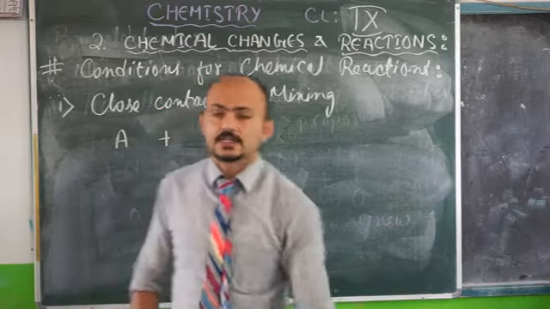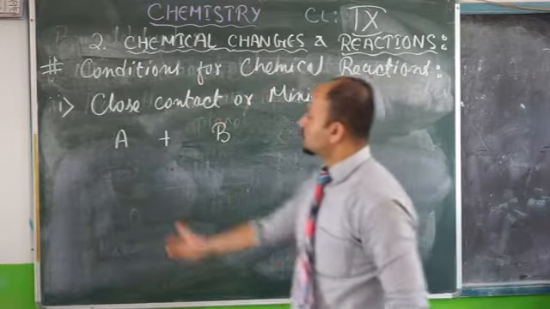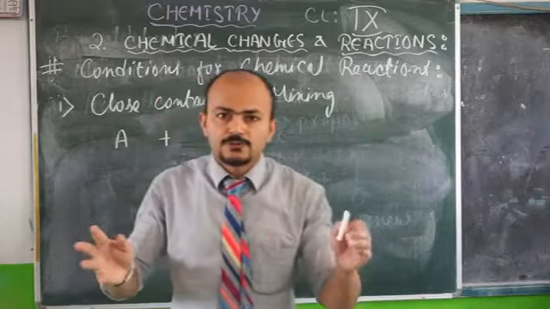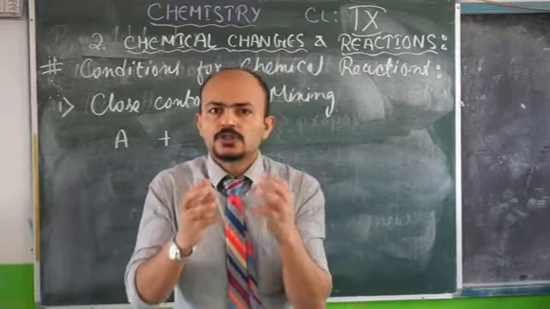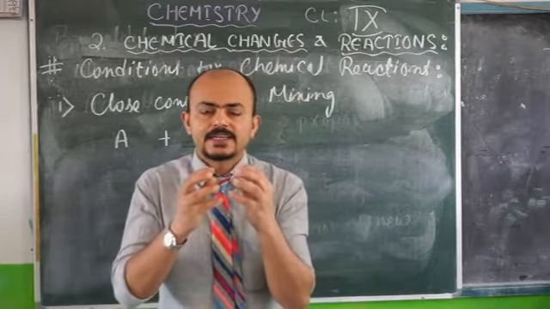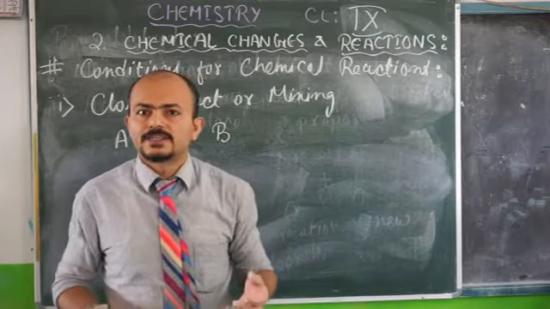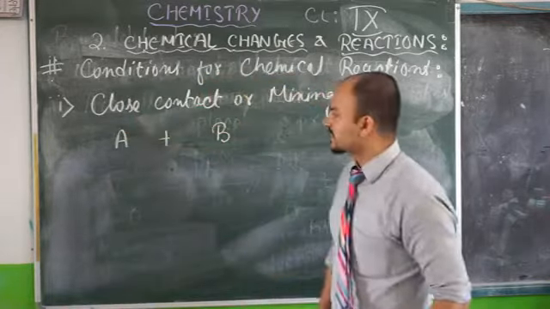The first one is close contact or mixing. So for this reaction to take place between A and B, first of all, they have to be brought together. They have to be brought close enough so that they can come in contact with each other. Then only the reaction will take place. So the first point is close contact.